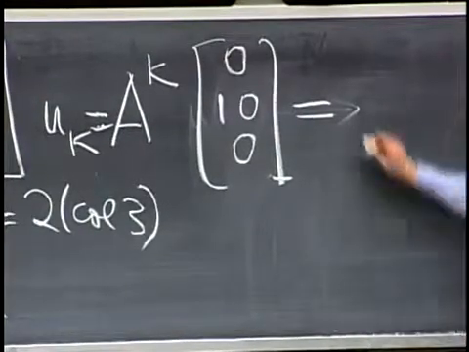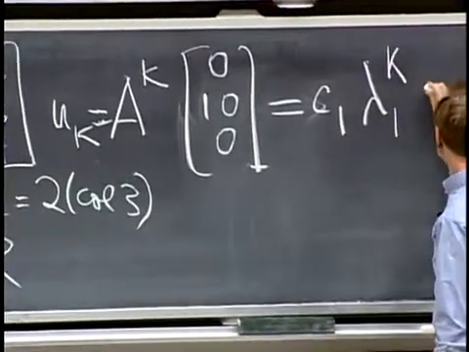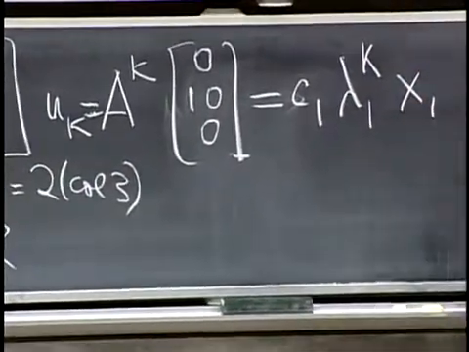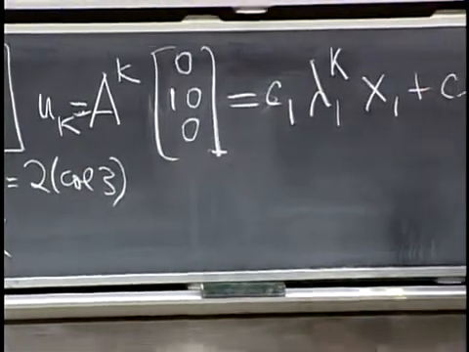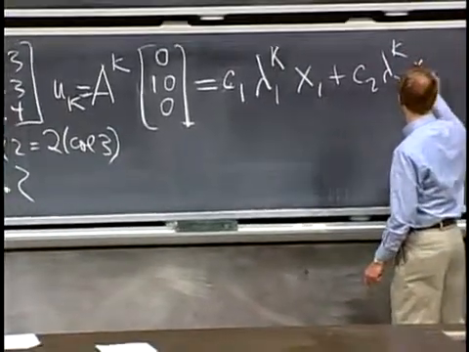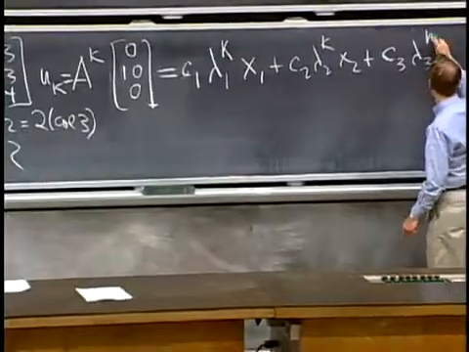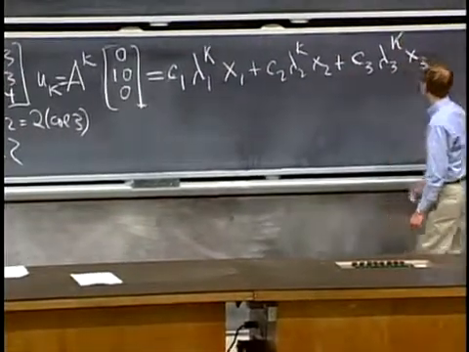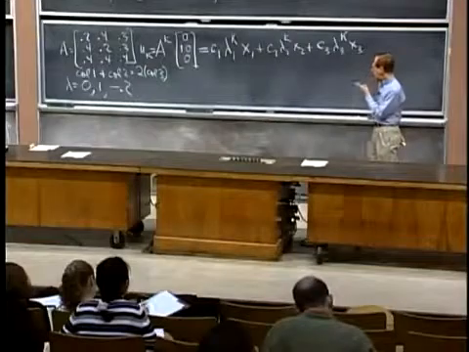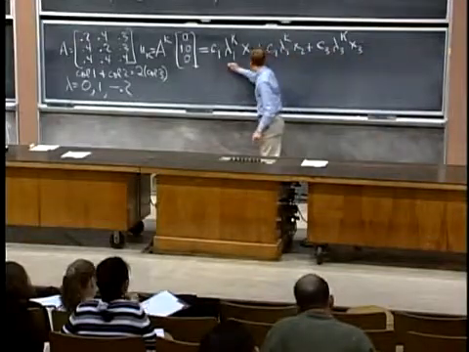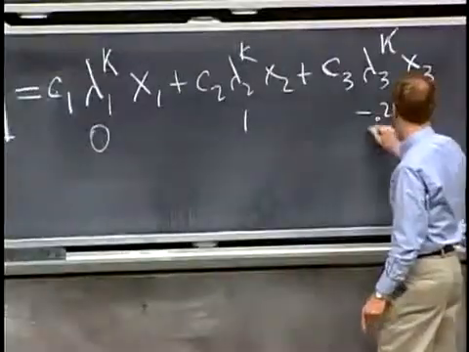It would be some multiple of the first eigenvalue to the kth power times the first eigenvector, plus some other multiple of the second eigenvalue to the kth power times its eigenvector, and some multiple of the third eigenvalue to the kth power times its eigenvector. Okay, good. And these eigenvalues are 0, 1, and minus 0.2.